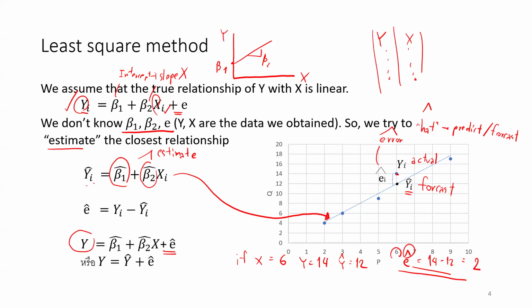First, y hat without error, or you write down y, but you have to add error hat. Or it means, the actual data equals the one you forecast plus error.